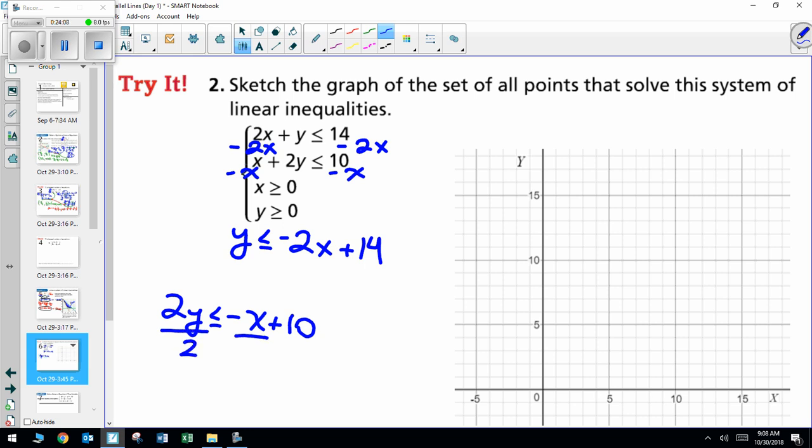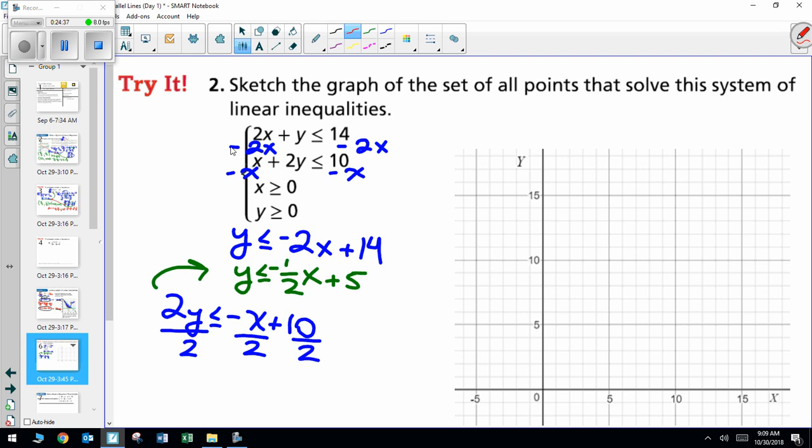So I'm going to divide everything by 2. That's going to make my second equation y is less than or equal to negative 1/2 x plus 5. And so those are my three equations to plot, or I'm sorry, 4 equations.